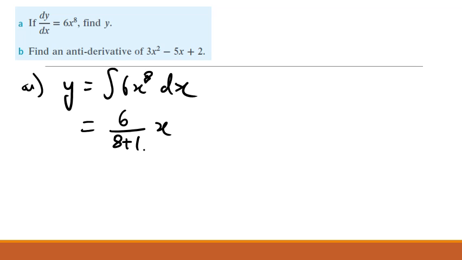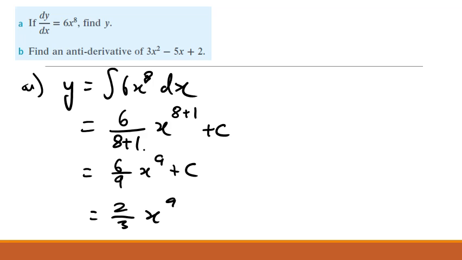What should we put on the top? A 9 again. So remember, we're just adding 1 to the power this time, and we're dividing by that number. And then don't forget your plus c. Like so. What's 6 over 9 when it's simplified? 2/3? Sounds good. Okay? Is that fairly straightforward?